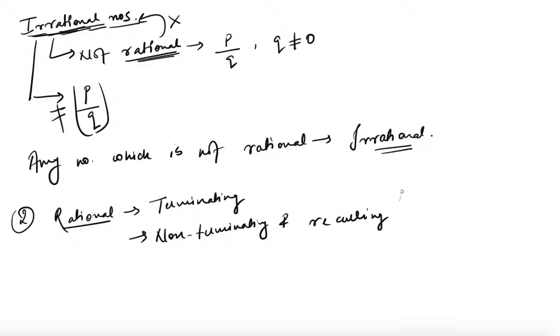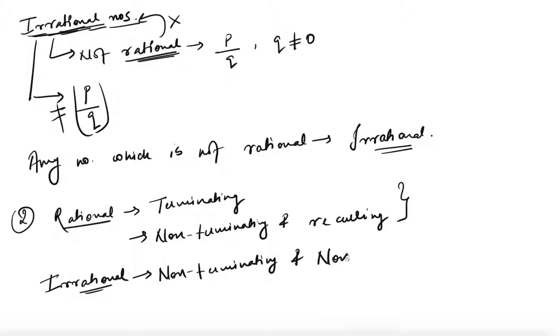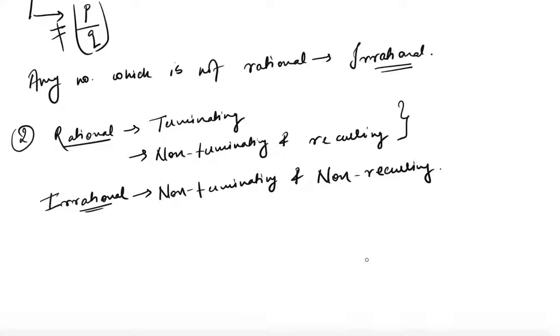Numbers which do not satisfy both these conditions come under the category of irrational numbers, right? So I can say that irrational numbers are those numbers which are non-terminating and non-recurring. Such numbers are known as irrational numbers.